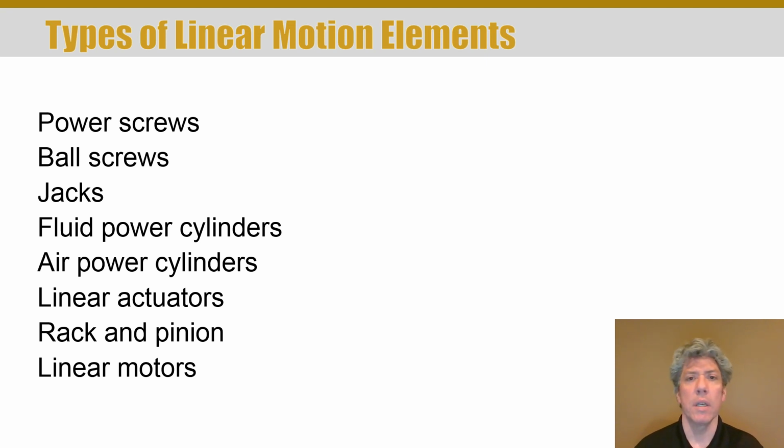Jacks are typically more of a linkage, more of a complicated lever type of machine. Fluid power cylinders, if you think of hydraulic cylinders, they're typically linear actuators. Of course, air or pneumatically powered cylinders are also typically linear items, although of course you can get air motors and you can get hydraulic motors and so forth. There are plain linear actuators, there's rack and pinion gears, there's also linear motors themselves.